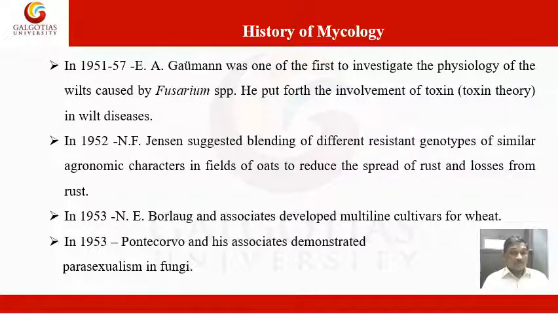Next, in 1952, Norman Borlaug and associates developed multi-line cultivars for wheat, and in 1953, Pontecorvo and his associates demonstrated parasexualism in fungi.